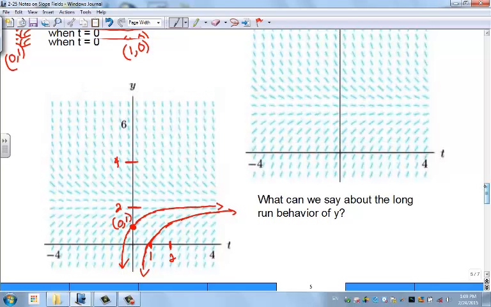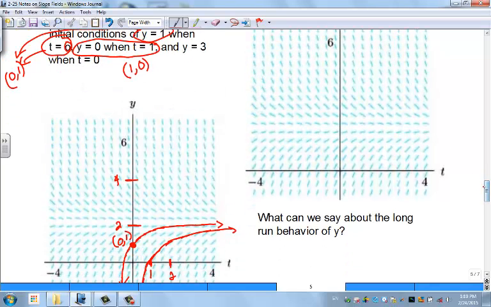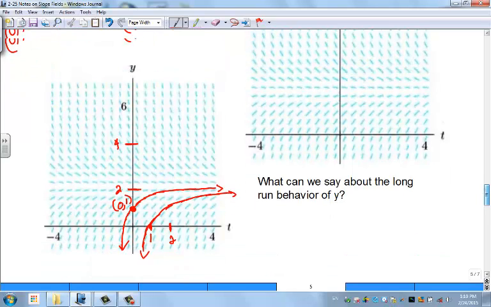Okay, let's look at the third one. It's y equals 3 when t equals 0, so that would be 0, 3, up here. And if I go towards negative infinity on the t-axis, it becomes more steep.